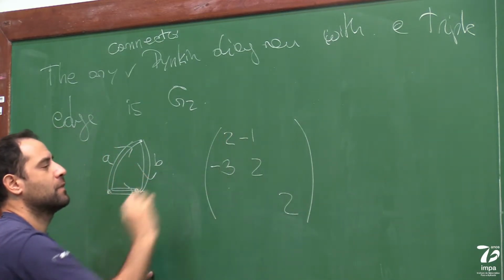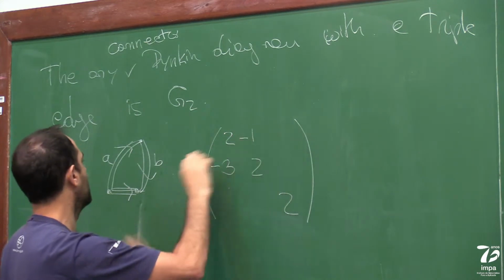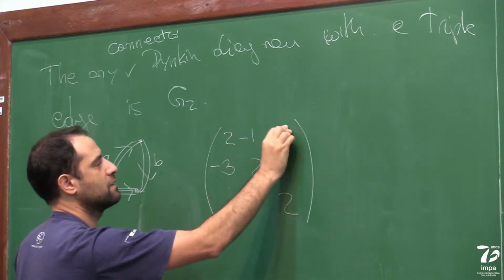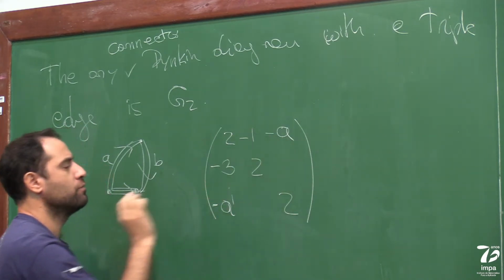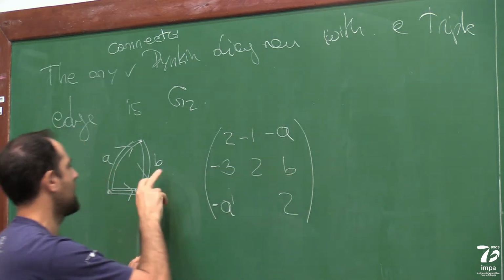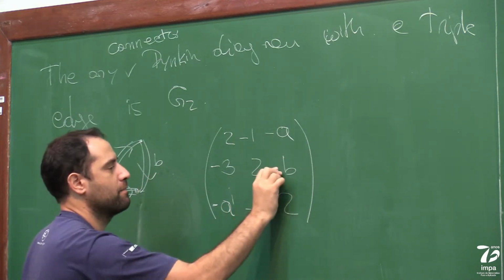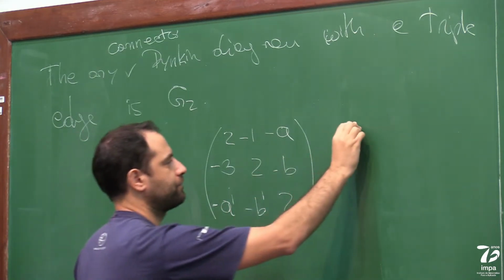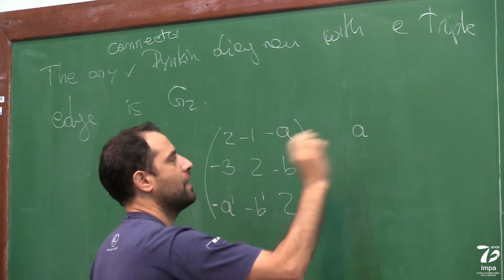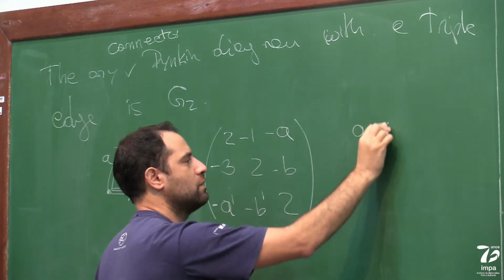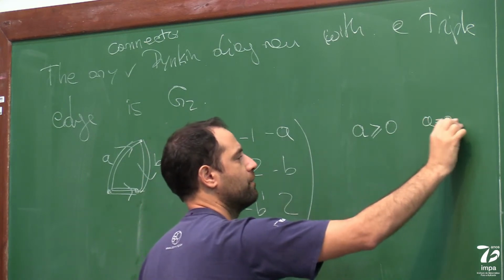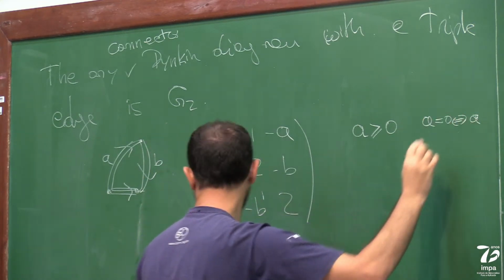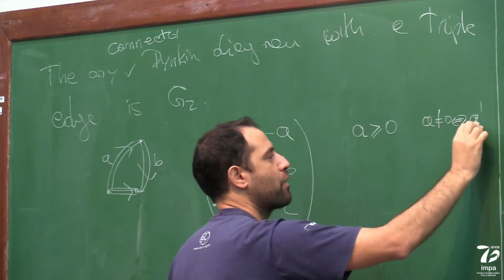So the Cartan matrix, by choosing those three nodes, would be the one for G2, which is this, and then extended by, well, this guy A would be something like A prime. These are non-positive numbers. And then this guy for B is going to be B prime, where A is bigger or equal than 0. And if A is non-zero, then A prime is non-zero.